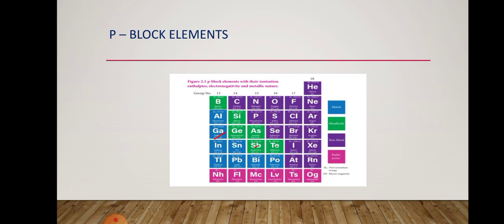Now I am going to discuss p block elements. The elements in which the last electron enters the outermost p orbitals are called p block elements. In this category, there are 36 elements, that means the elements of group 13 to 18 except helium.